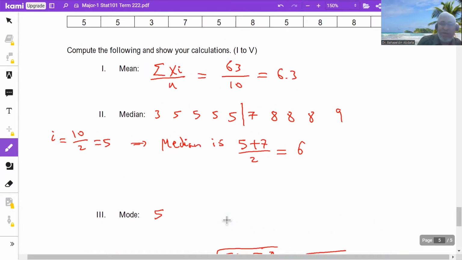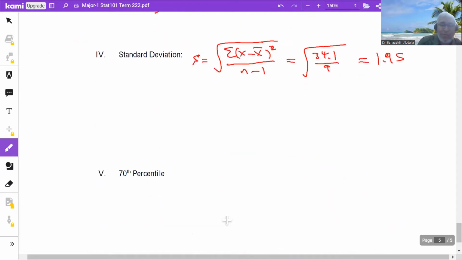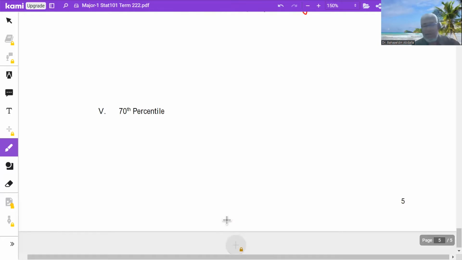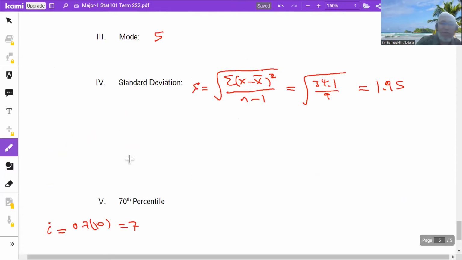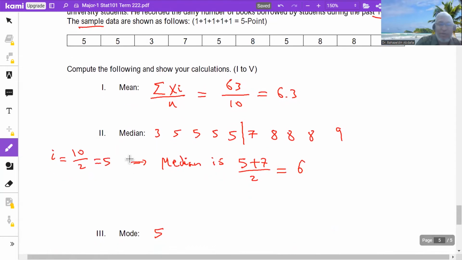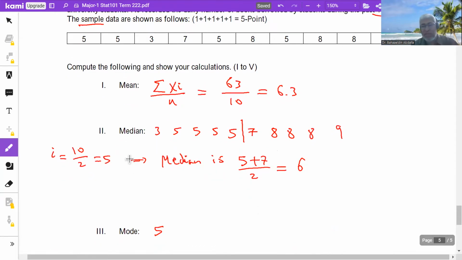And then the 70th percentile. Well, the position of the 70th percentile is 0.7 or 70 over 100 times 10, the number of data. So it is the 7th position. So if you go to the data, of course, if you get an integer 7, you have to take the 7.5 position.